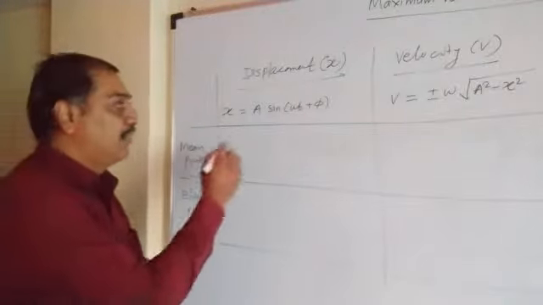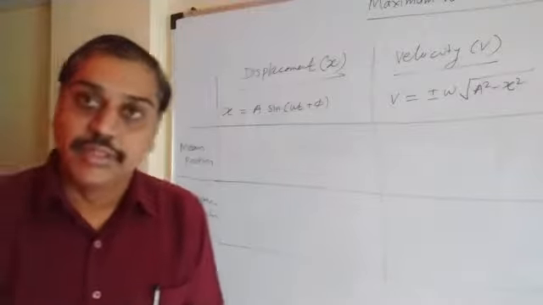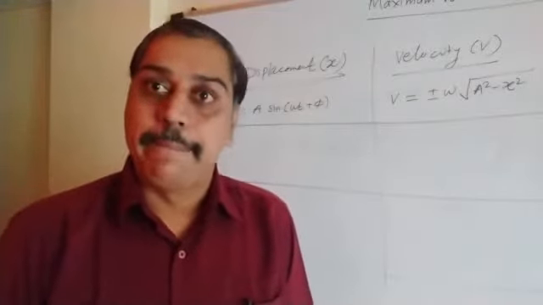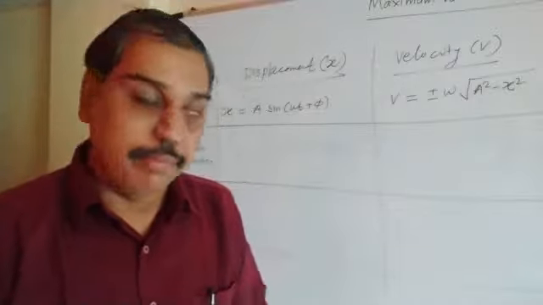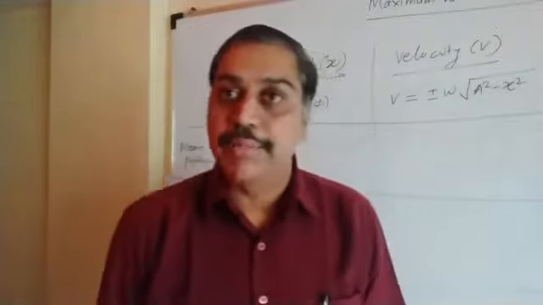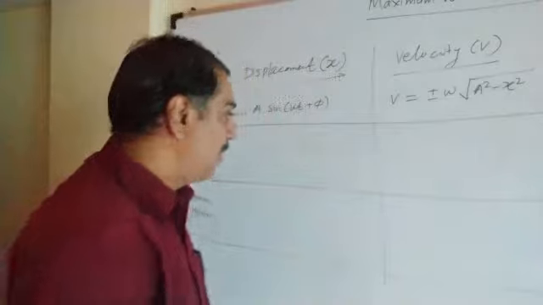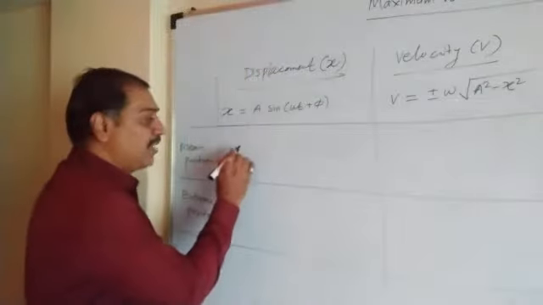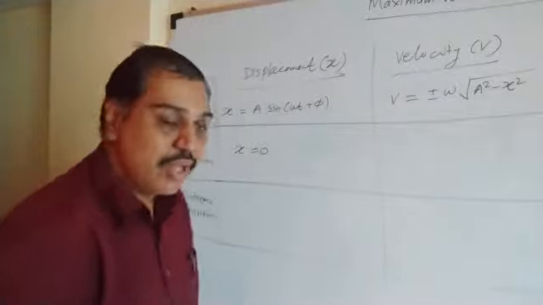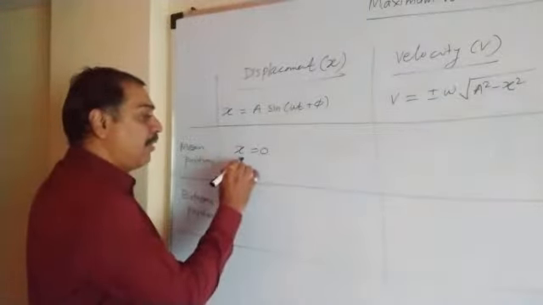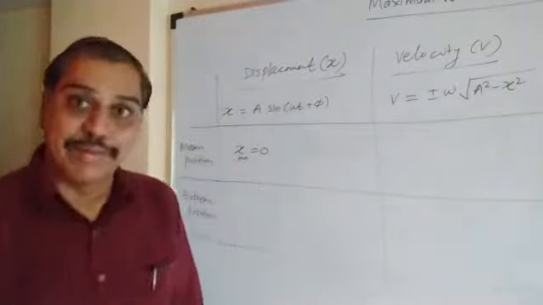So we can write this equation and find out the condition where the displacement is maximum and minimum. At mean position, x equals 0, so displacement is 0, which means it has the minimum value, called x minimum.